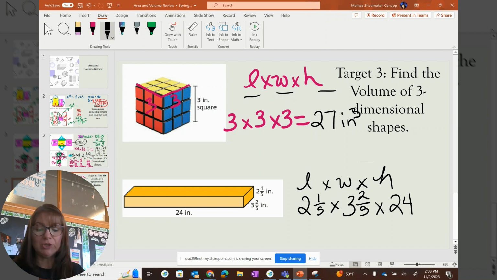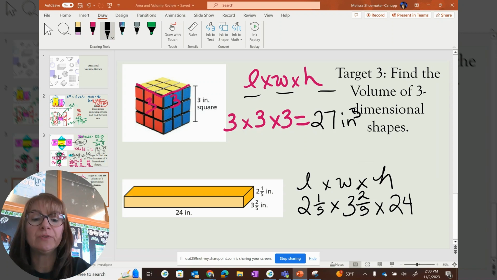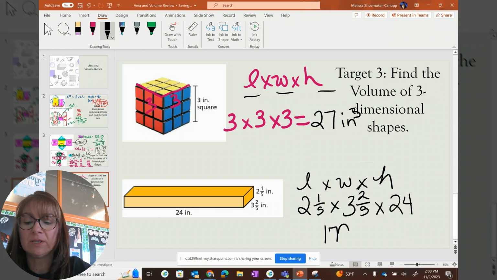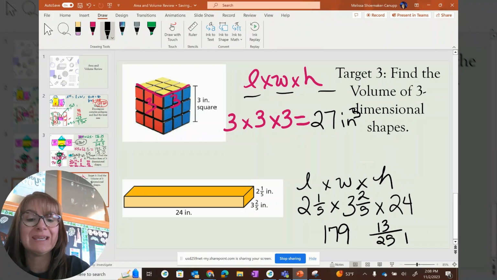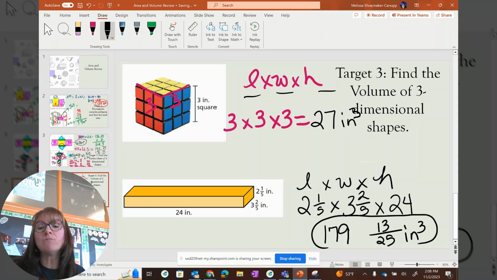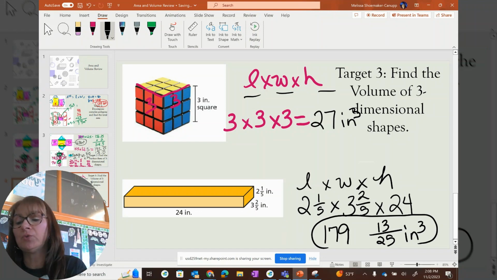Okay, I'm putting 2 special button 1 special button 5 times 3 special button 2 special button 5 times 24. I hit the equals and I get 179 and 13/25 inches cubed.